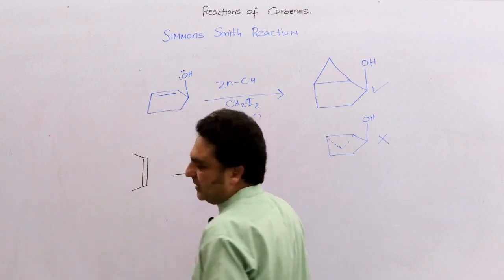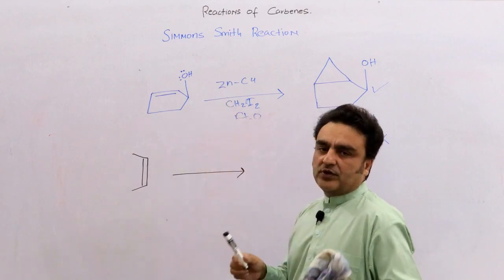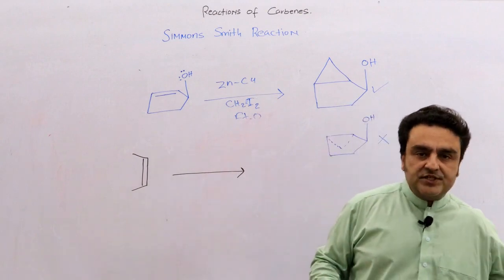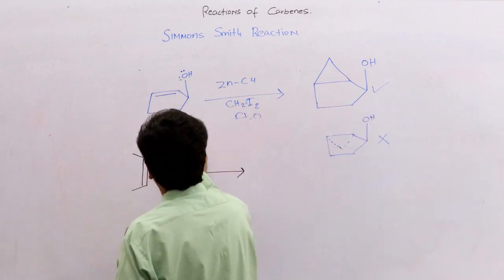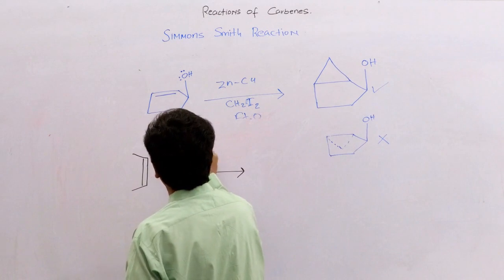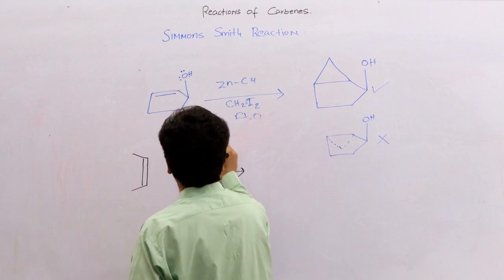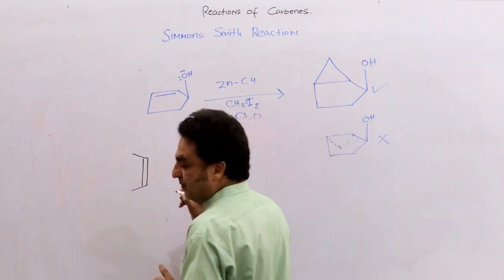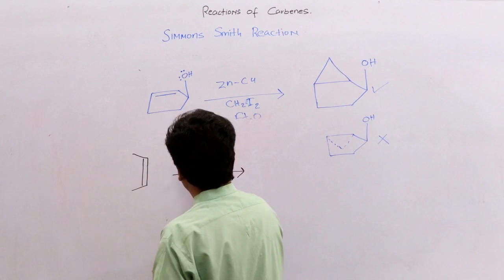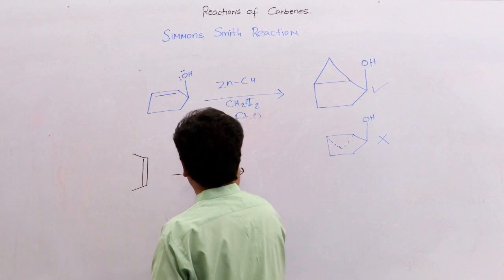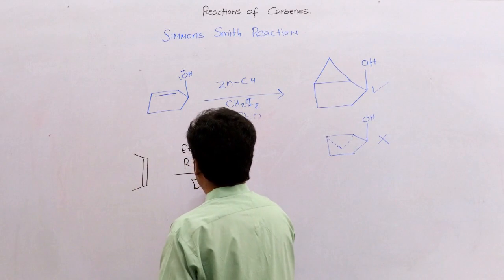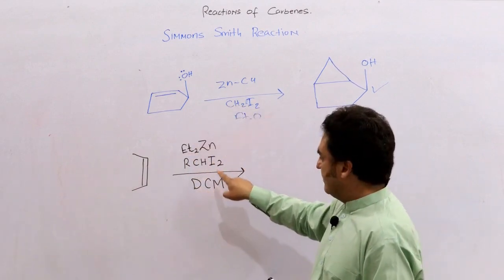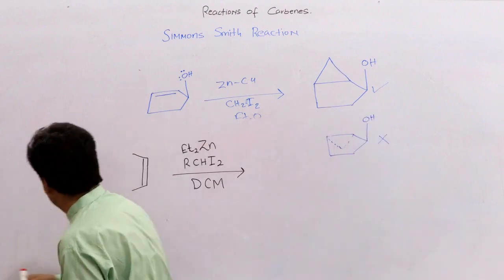Now they have made a little modification to the original Simmons-Smith reagents. What they did was place diethyl zinc, and here they place something else, which is the important part, R-CHI2, and the reaction was carried out in dichloromethane. But this R is very important, and you will see it.